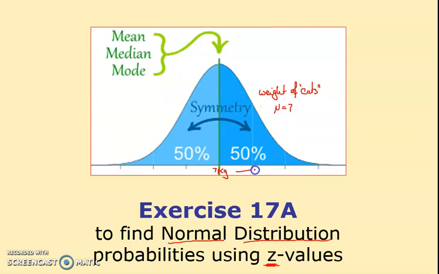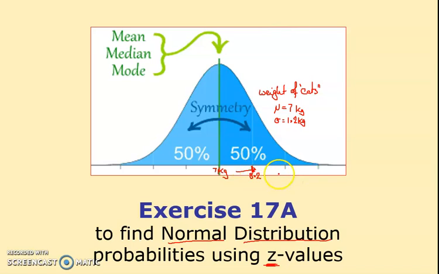But what we're also interested in is how spread out it is. These notches here are meant to represent one standard deviation. So if I said the standard deviation was, I don't know, 1.2 kilograms, notice the symbol for standard deviation. By the time we get to 8.2 kilograms, we're one standard deviation away.